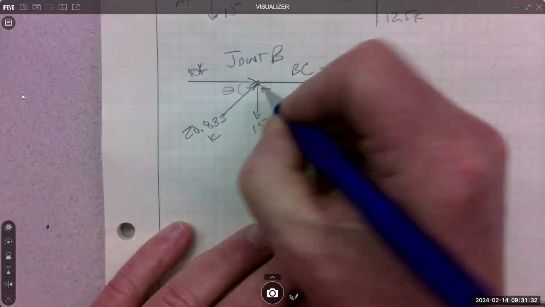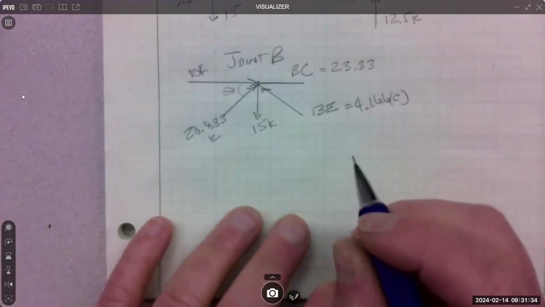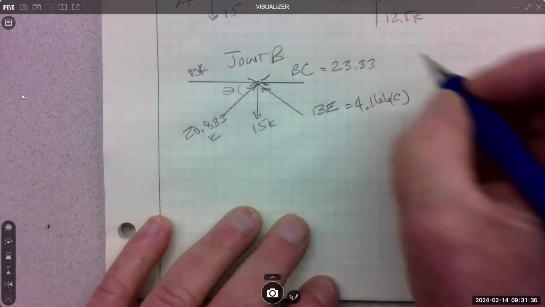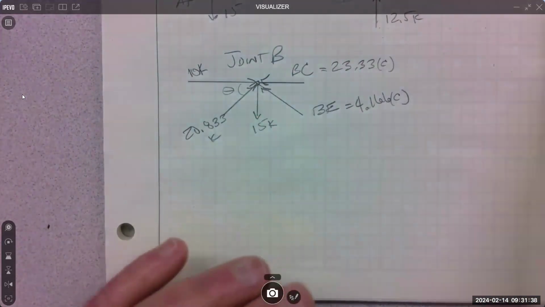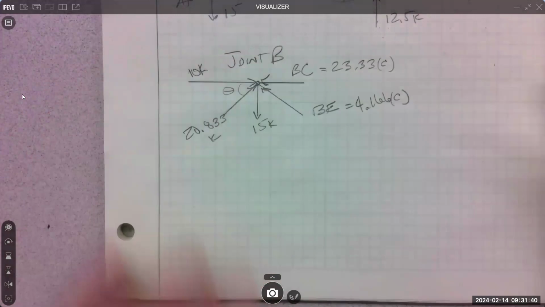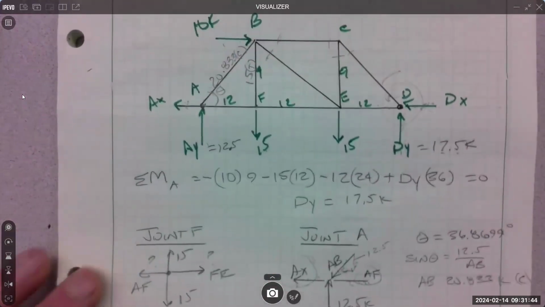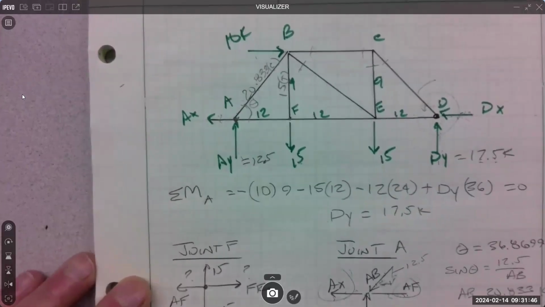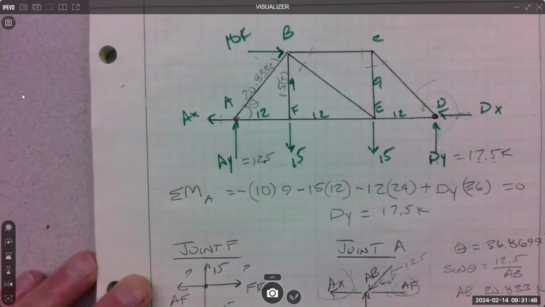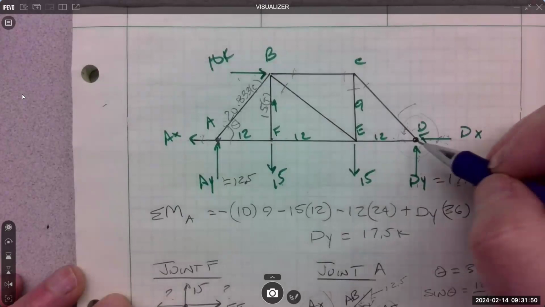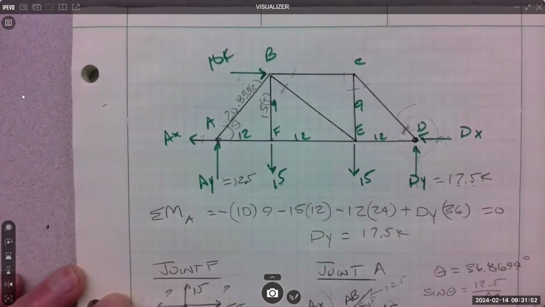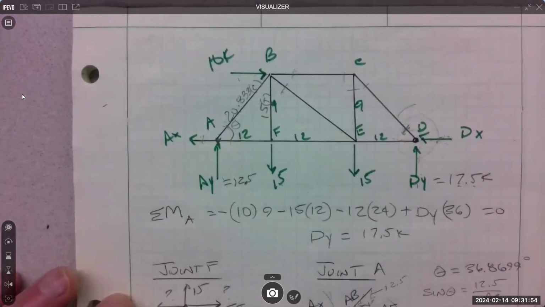Compression into the point and compression into the point. So that was from here. Once you have that, then you can kind of click along. You can move to here and get this, just like we did before.